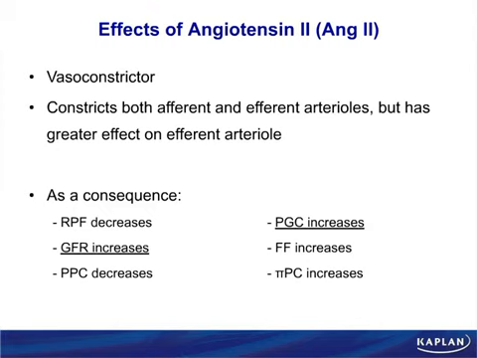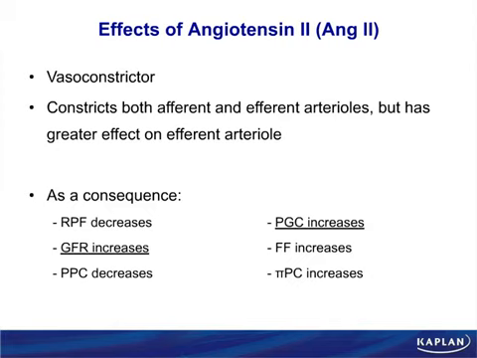Now, what angiotensin II does is really cool. Here's why it's cool. Angiotensin II is secreted in a low volume state, and angiotensin II preserves GFR in a low volume state. It allows you to maintain GFR in a low volume state without losing volume. Here's how it works.